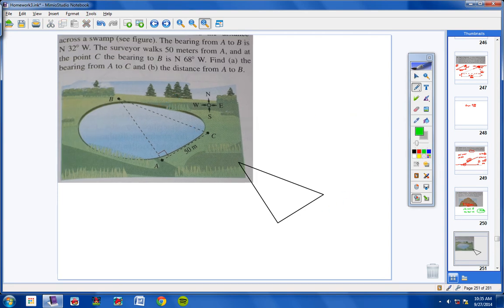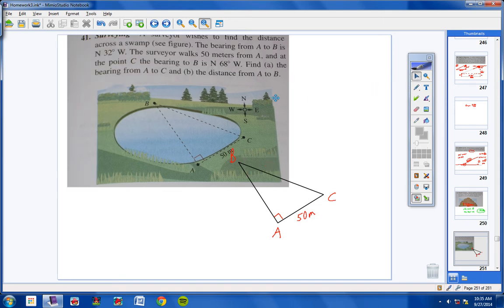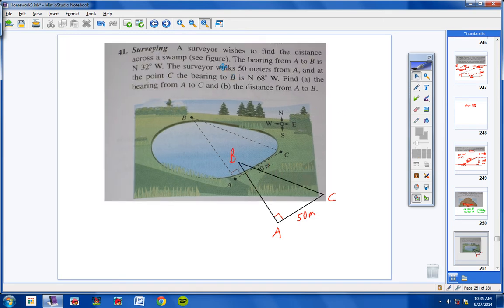So, here we go. We're going to call this A. This is a right angle. This is C, and this is B. And we'll call this 50 meters. Let's read the problem. A surveyor wishes to find the distance across a swamp. So from here across.